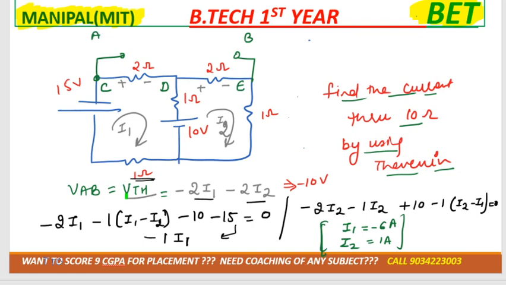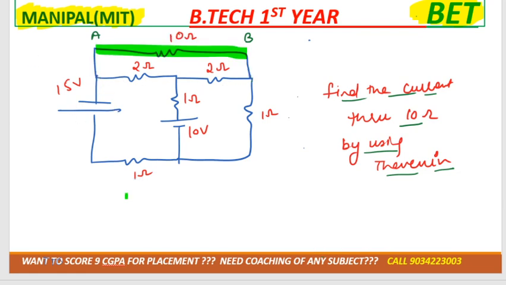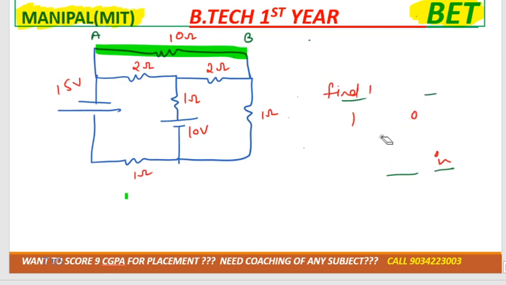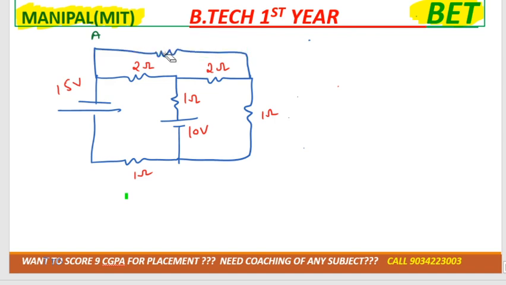For RTH, you know that the voltage source must be short circuited, right? And the current source must be open circuited, and RL must be open circuited. So this was RL and I'm removing it. The voltage source is there, that must be short circuited, and the current source is not there, so no need.